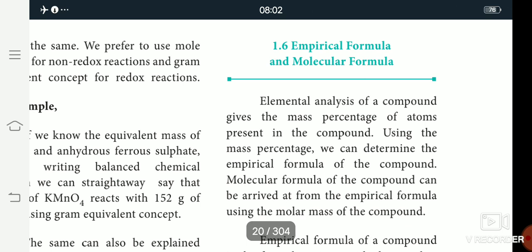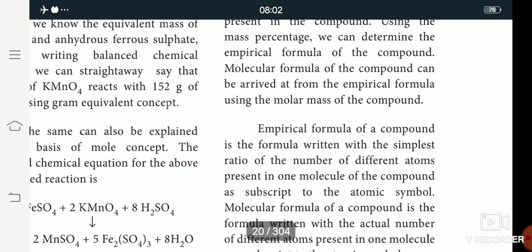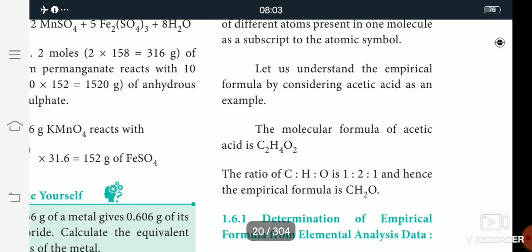For example, compounds containing carbon, hydrogen, oxygen are called organic compounds. For example, CH is the empirical formula of benzene.